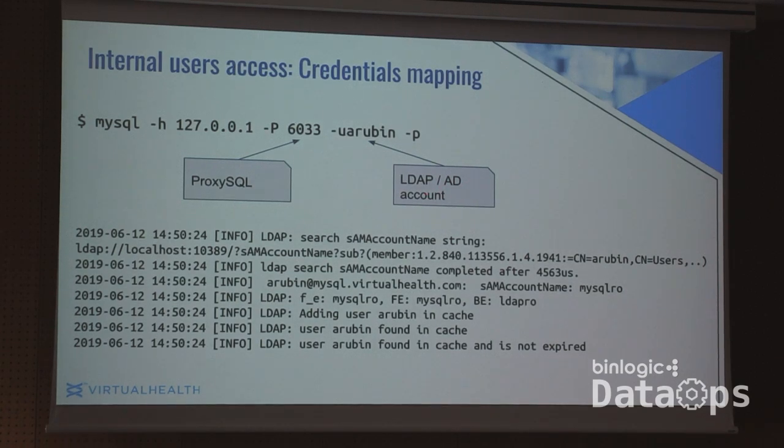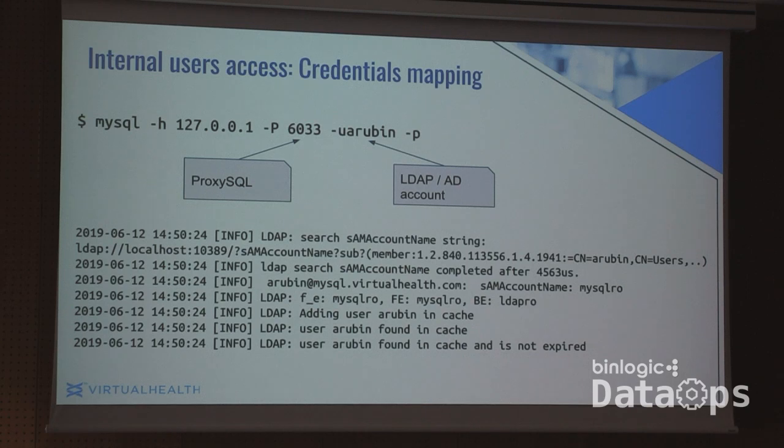Then ProxySQL will do all the job to connect to LDAP, then search for this account name and find the mapping. So it will find that my user A Rubin is part of the MySQL RO group in LDAP, and then it will authenticate through the LDAP RO user here.